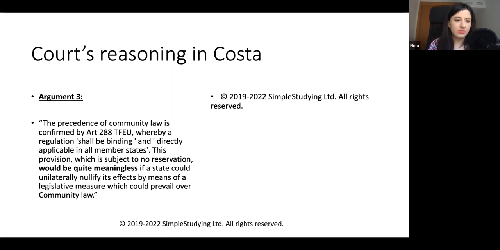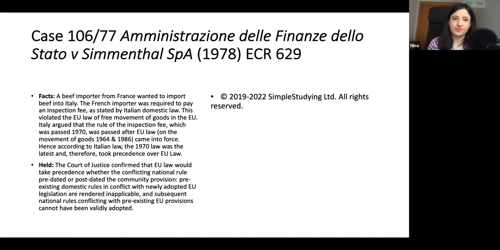This provision, which is subject to no reservation, would be quite meaningless if a state could unilaterally nullify its effects by means of a legislative measure which could prevail over community law. So they are saying that the whole purpose of union law is that it is supreme. And if by simply passing national legislation they could nullify union law, then it would have no purpose. Therefore, as per Article 288, union law is directly applicable.